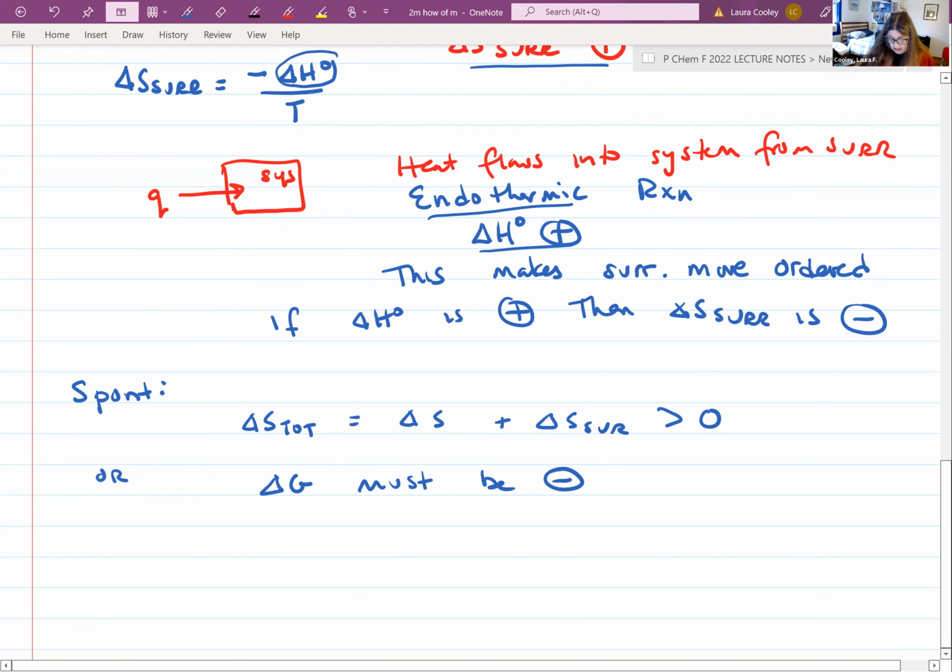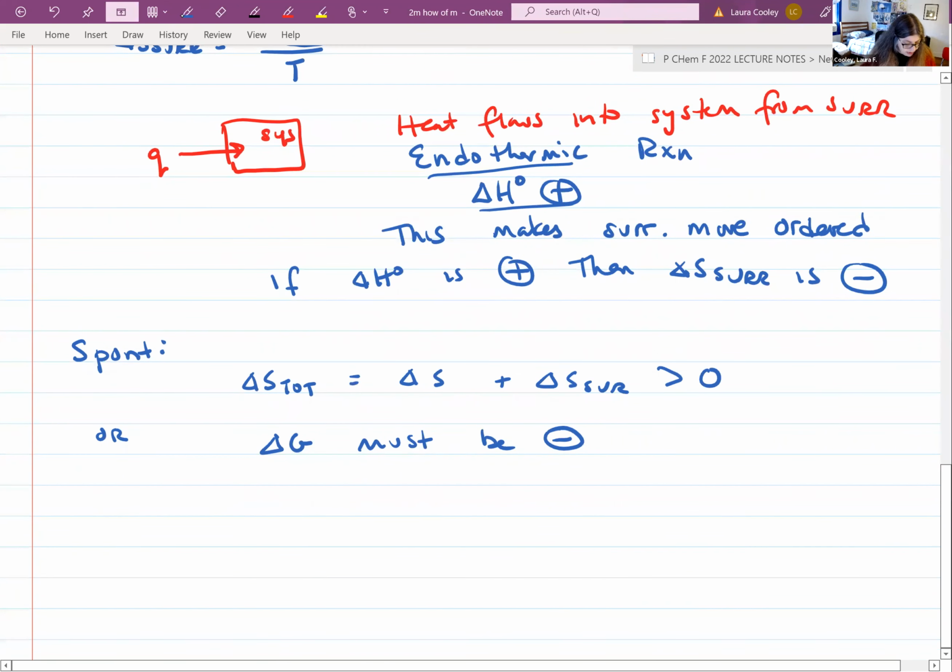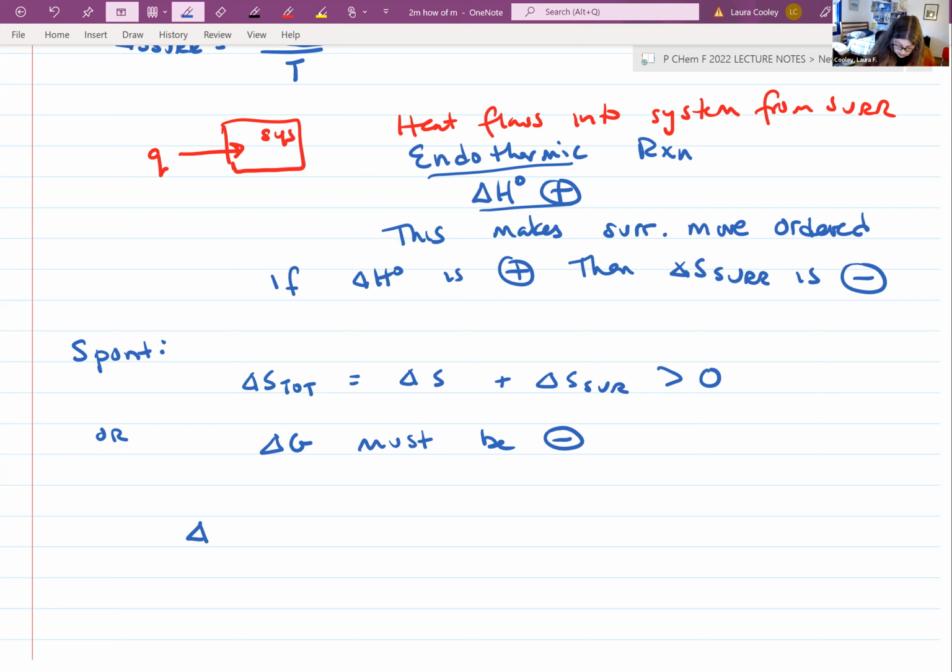I didn't say anything about standard conditions, but in P Chem, we actually use this expression for delta G zero. Let's just call it delta G for now. This is the change in the Gibbs free energy under standard conditions.